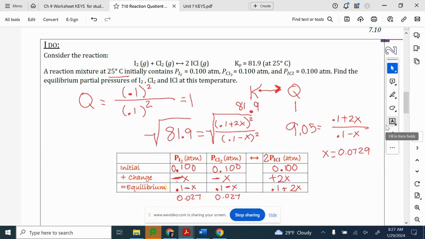And here we're going to end up with 0.246. What are my units? ATM. Very good.